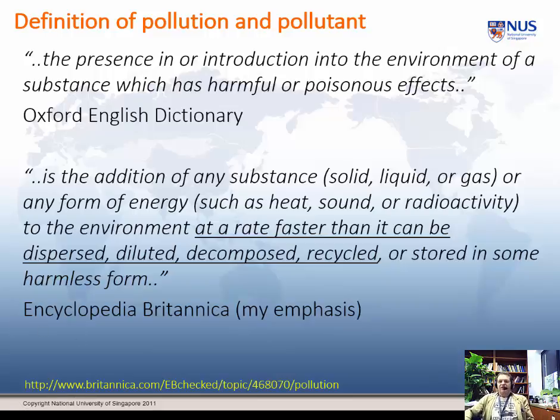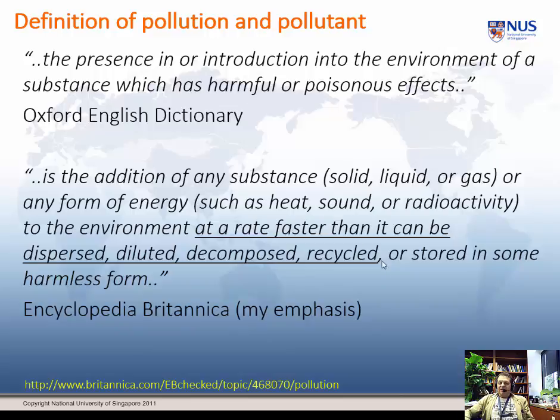Of course, if I looked for a definition for anything, surprise, surprise, I'm likely to go for the Oxford English Dictionary, and that particular authority defines pollution as the presence in or introduction into the environment of a substance which has harmful or poisonous effects. It doesn't say poisonous to what, or harmful to what.